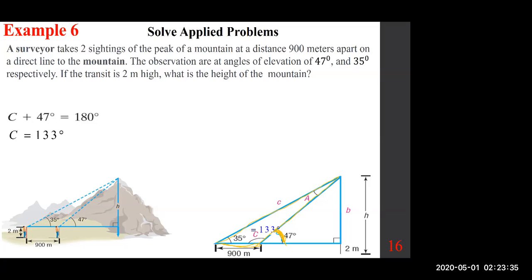We have all the angles, 35 degrees, 133 degrees. Add them up, subtract from 180, and you can find A to be 12 degrees. That sounds good? So we found A, we found all the angles.